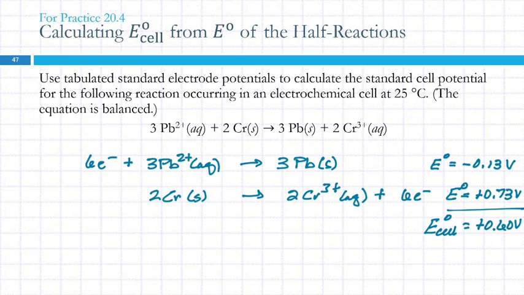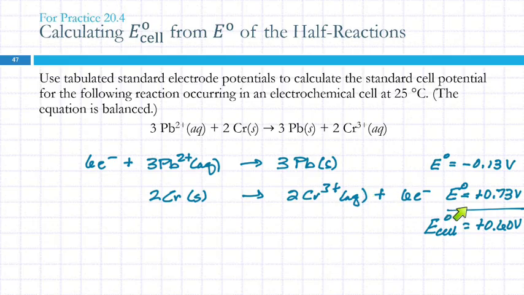So what I did is I pulled this apart into the half reactions. I looked the half reactions up in the table. One is always going to be backwards. One's always going to be forwards. I find the numbers associated with those reactions. The one that matches, you just copy the number.